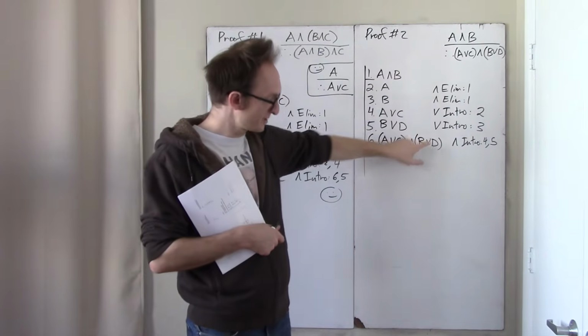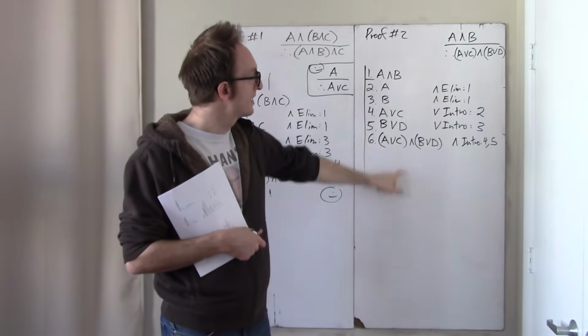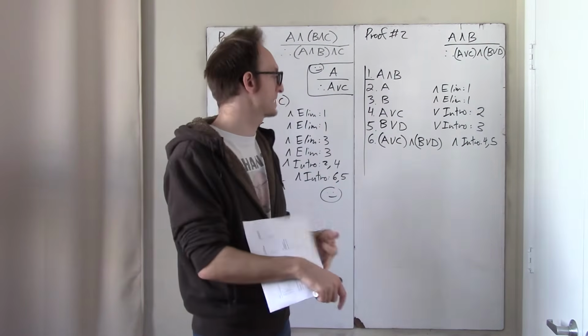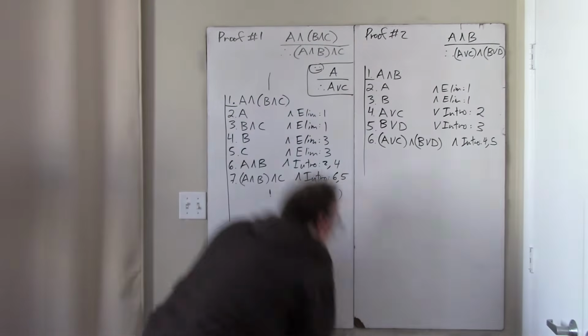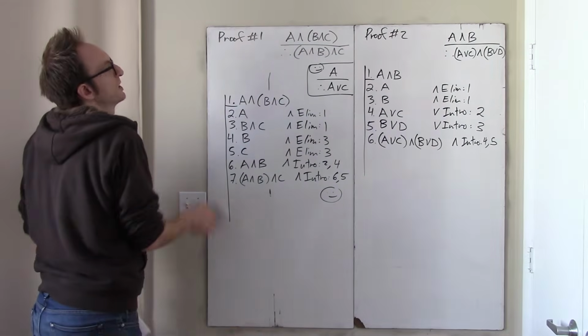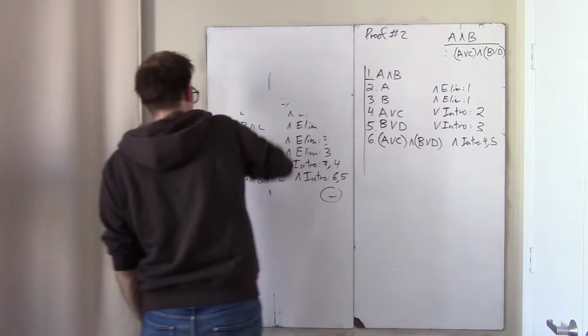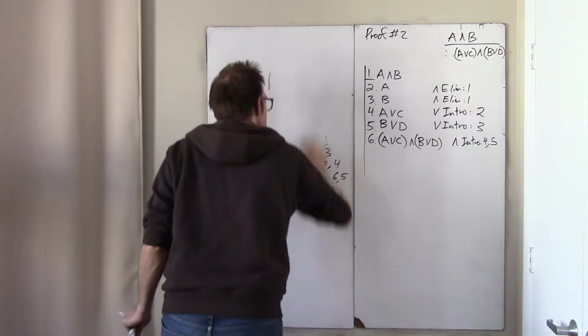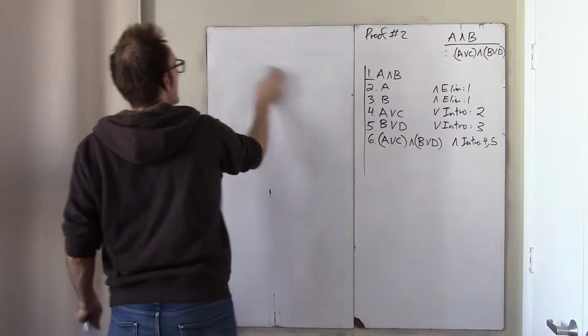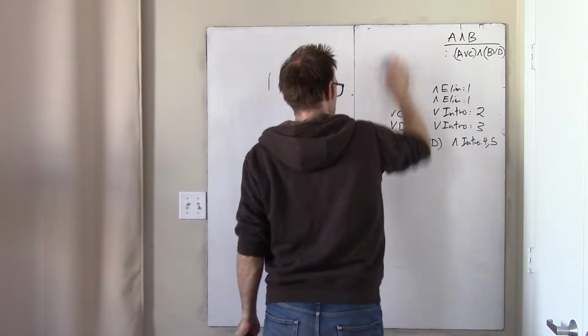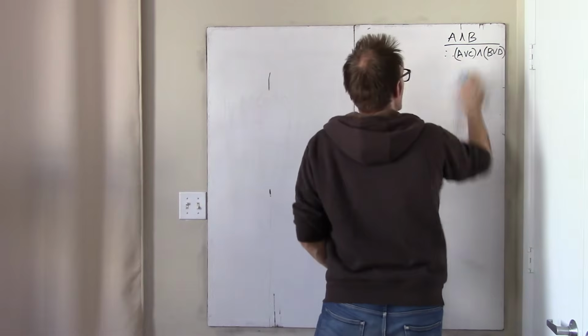As long as we know that all these individual rules are valid, I've gone from 1 to line 6, and there it is. These 2 proofs were not that hard or interesting, but they just give you a gist of our system.